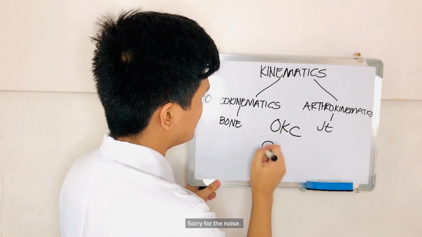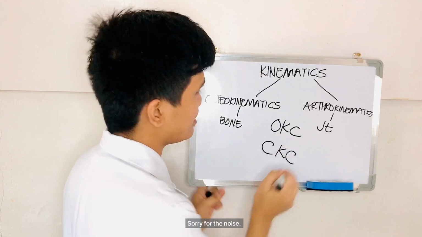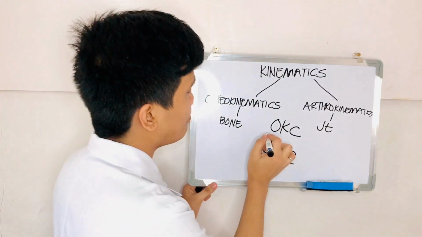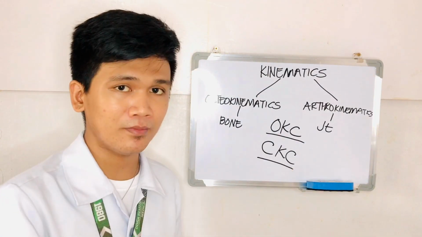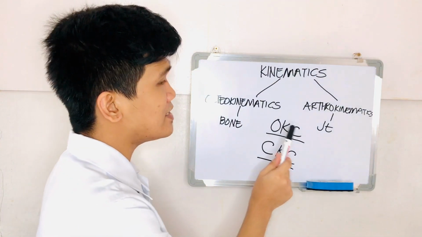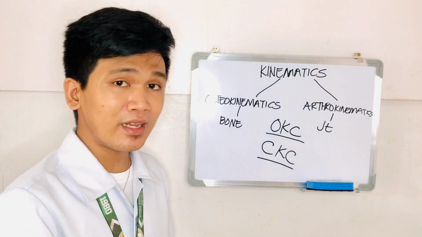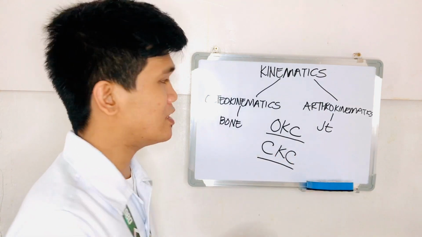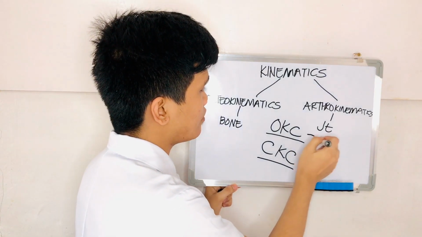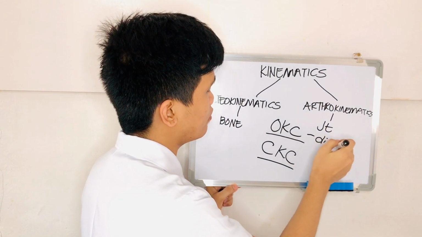Let's talk about OKC and CKC, or the open kinematic chain and the closed kinematic chain. When we say OKC, it's when the distal bone moves from a fixed proximal bone. So this one, to remember, we have distal bone.